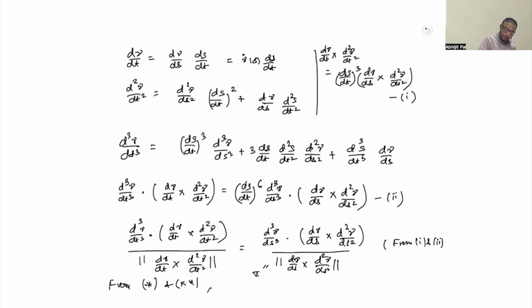So this torsion is equal to the desired result. Let me write tau in terms of this notation.